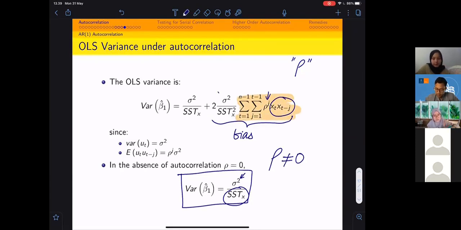Because this portion is already positive, so what we want to know is whether this other portion is positive or negative. Whether the bias is positive or negative depends on the interaction between the autocorrelation coefficient and the product between xt and xt minus j.